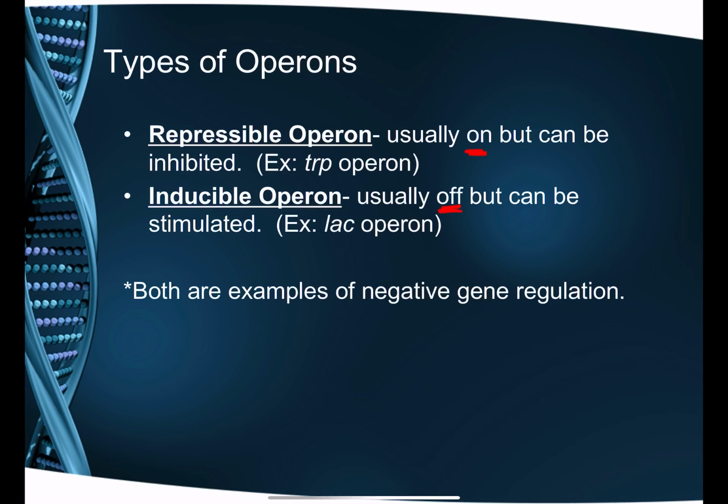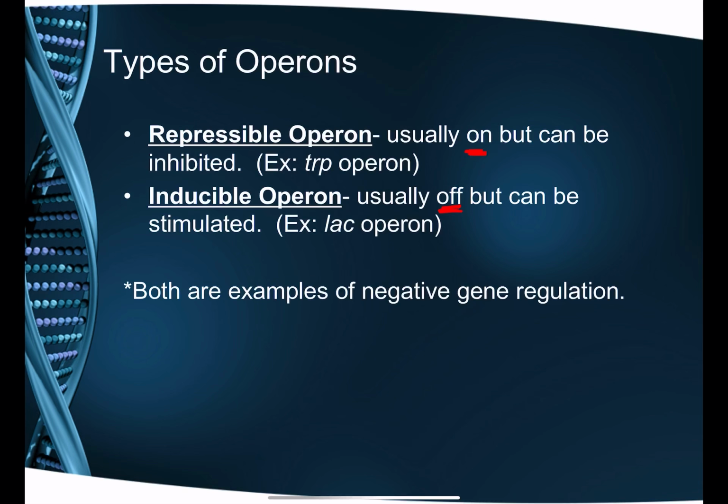And so those examples, as you see there, you don't have to memorize those, but the tryptophan and the lac operon. So the lac operon is where these operons were first discovered. It was discovered by two scientists named Jacob and Monod. So sometimes you'll hear it referred to as the Jacob and Monod model.